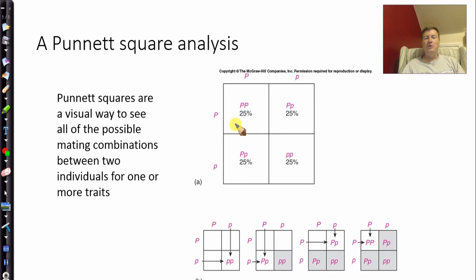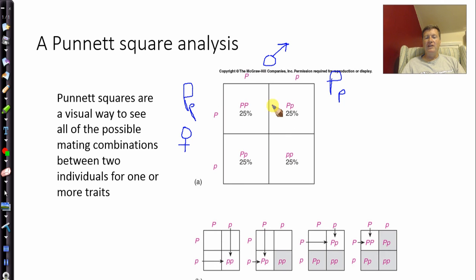Okay, it's really important to see what's on these axes. Over here represents a gender. Let's just call this the female, and over this is the male, although it really doesn't matter which is which. And one way of representing a cross between this individual, which happens to be big P, little p, it's not easy to see this on this slide. So this individual here is also big P, little p.